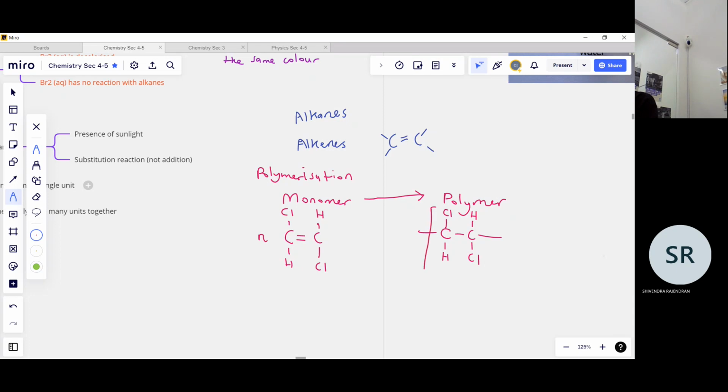I put a square bracket. Now, depending on your school, some schools are okay with the normal bracket. Then I put a subscript n here. Remember, I have n molecules. So they join together to form this. So this is your answer.